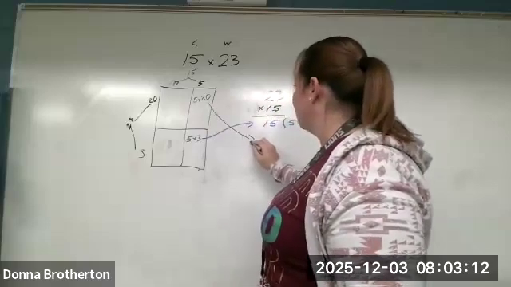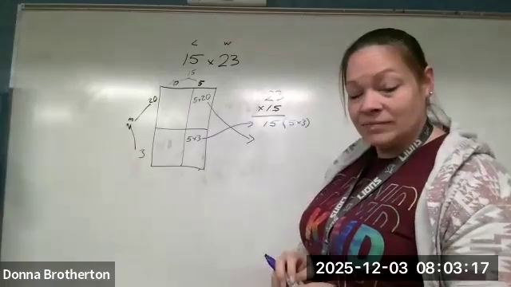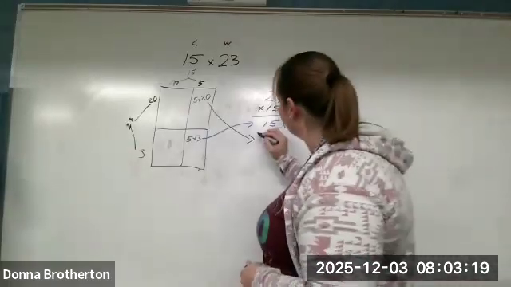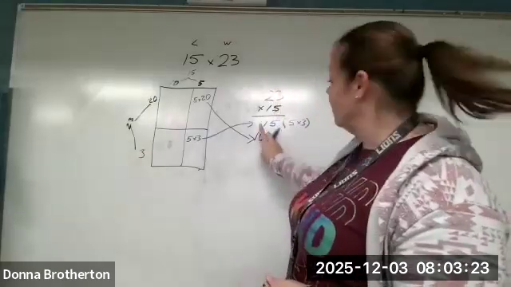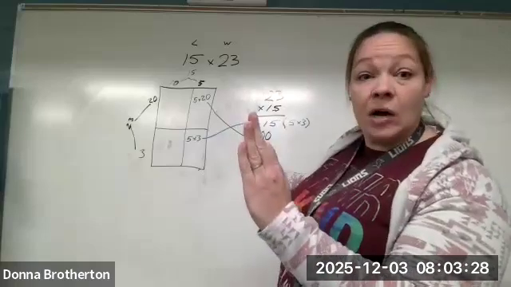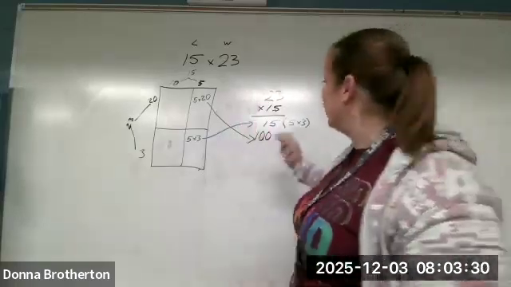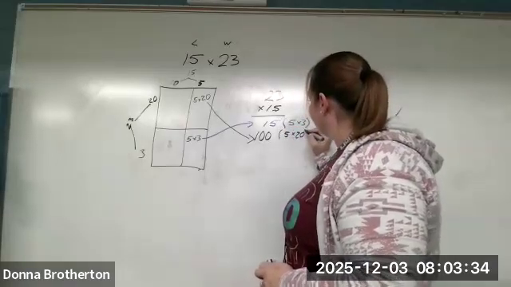What is 5 times 20? 100. The 100 right here. And then making sure I keep the ones, the tens, and then the hundreds place value all in line. It's going to help me out a lot when I go to add all the partial products at the end.